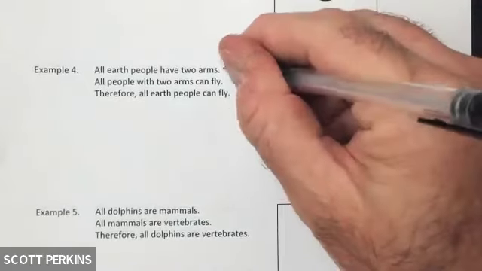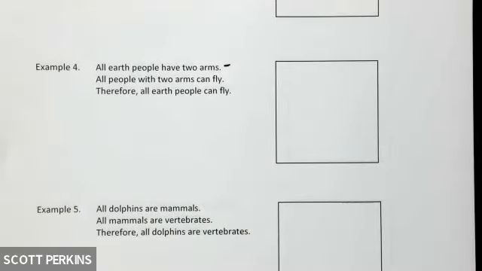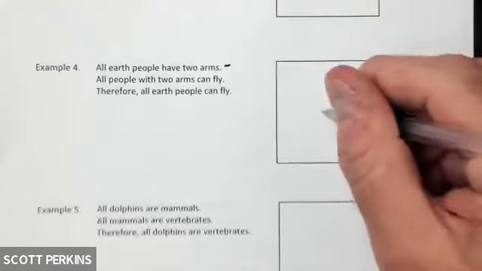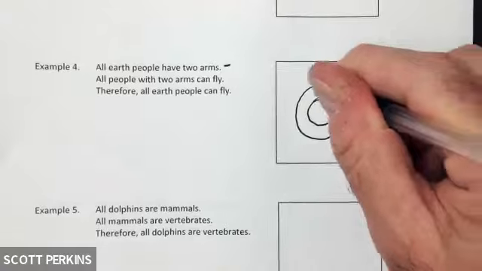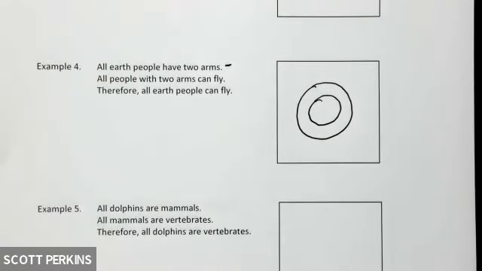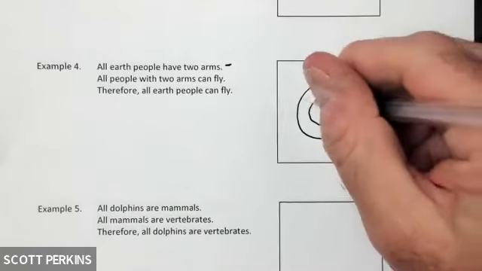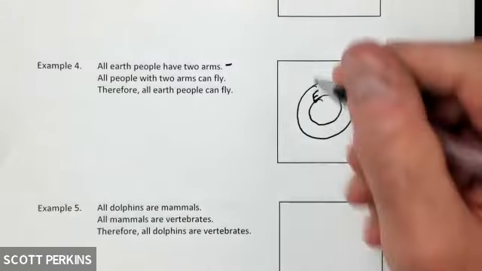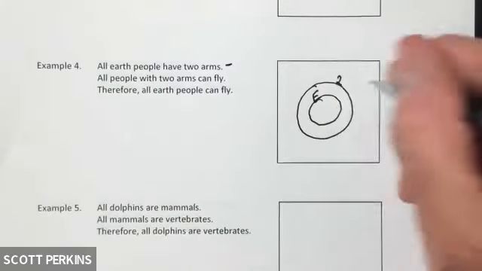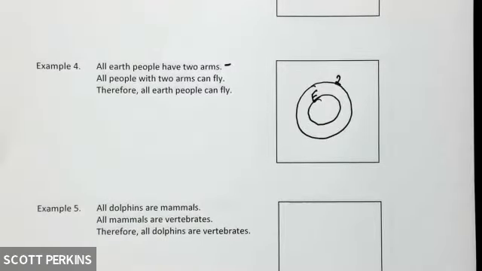So the first statement: all Earth people have two arms. Kind of a weird statement, but that's okay. Which one's going to be the inside circle? I'm going to use the letter E so that I don't mess up this drawing too much, and the number 2 for two arms. So all Earth people have two arms.